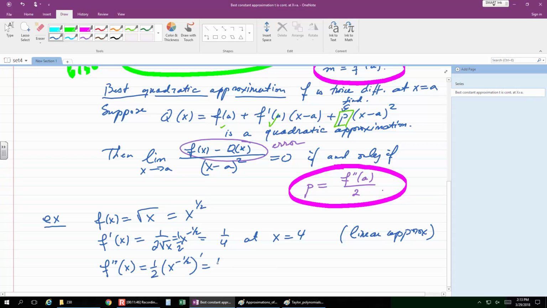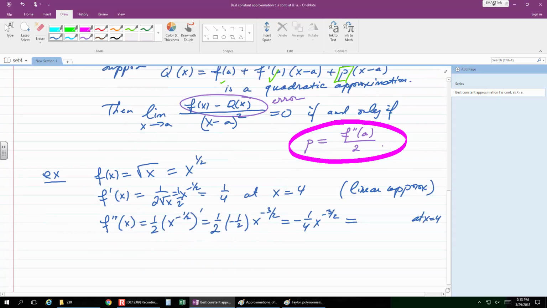Okay, so what do I get? 1/2 times negative 1/2 x to the negative 3/2. So in other words, we have negative 1/4 x to the negative 3/2, which is equal to what at x equal 4?